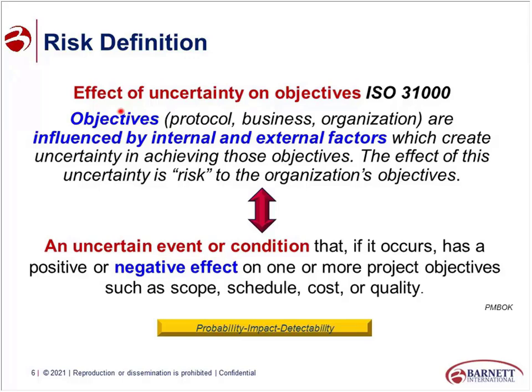They create uncertainty in achieving these objectives. The effect of this uncertainty is risk. And it's an uncertain event or condition that, if it occurs, has a positive, sometimes, but more often a negative effect on one or more project objectives, such as scope, schedule, cost, or quality.